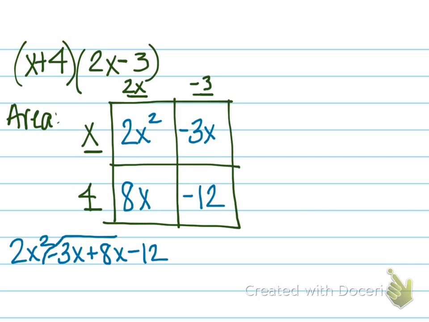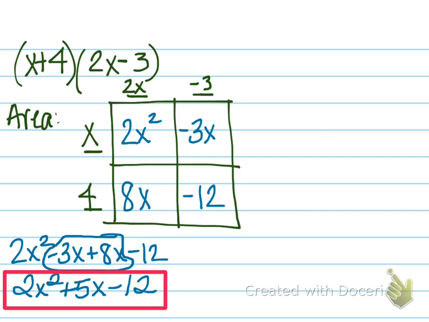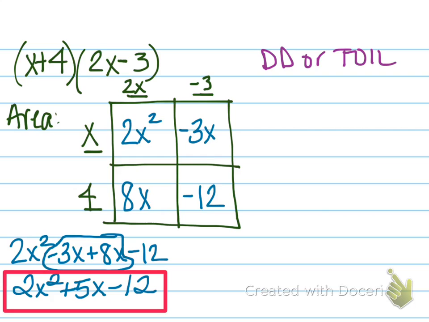Combining the like terms here in the middle gives 2x squared plus 5x minus 12. So there is one of our solutions, one way of doing the problem. And then the other way, with our double distributive property, or FOIL. So I'll call it DD or FOIL, whichever way you look at it.